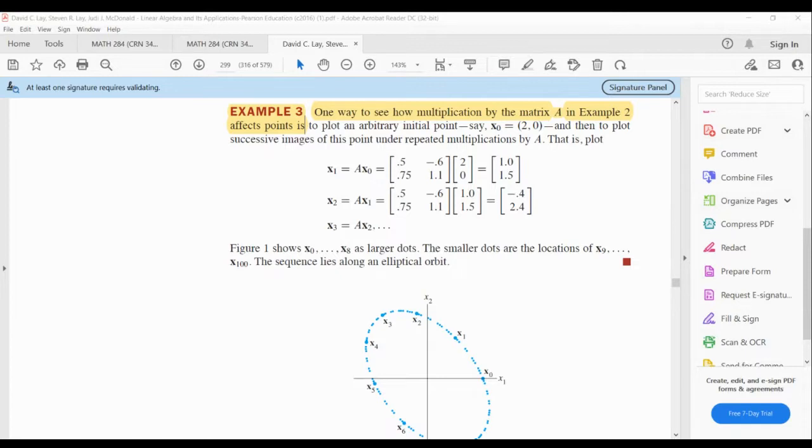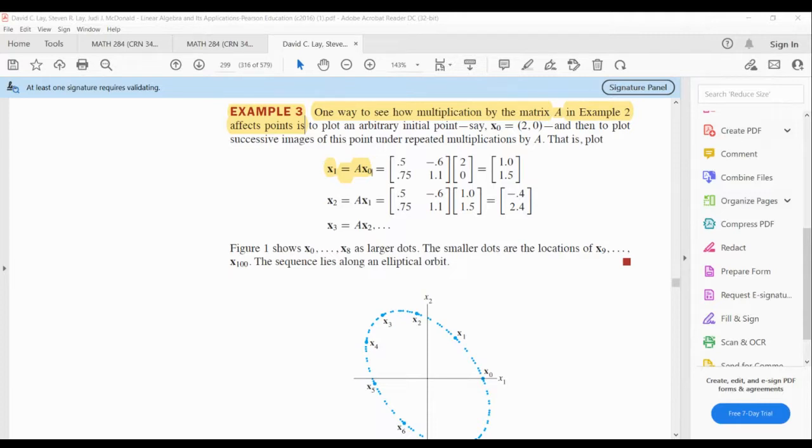That matrix is a different example than the one we did, but suffice it to say that for this matrix A, where x1 equals A times x sub 0, if you multiply the vector 2, 0, look below at the picture there. 2, 0 is a coordinate on the x-axis.